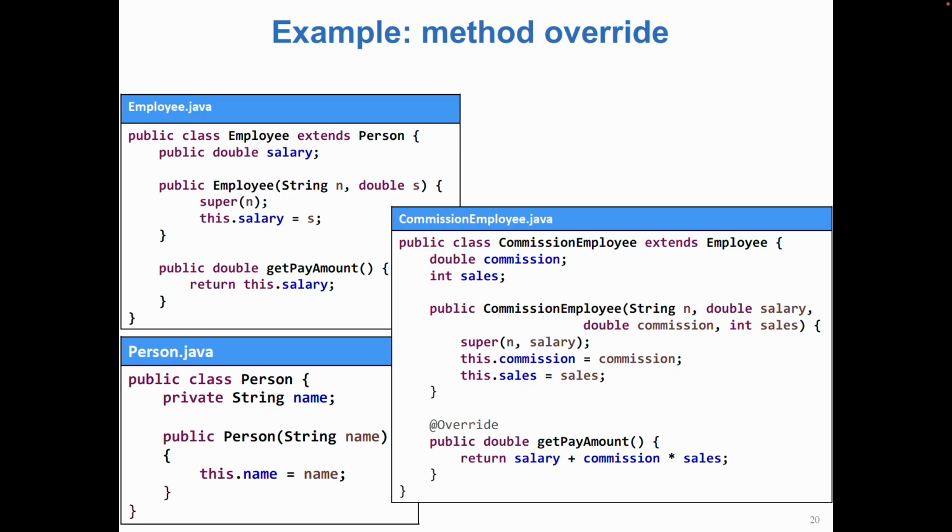And then for this double get pay amount, we are overriding this. A normal employee will get only salary, but a commission employee will get their base salary plus their commission, based on the number of sales they make. So I need to change it because it's not applicable. They are not getting only salary, so I'm overriding that method.